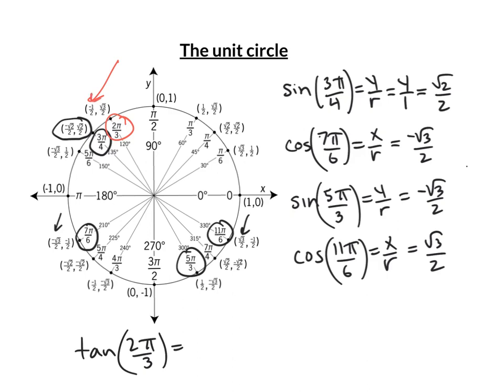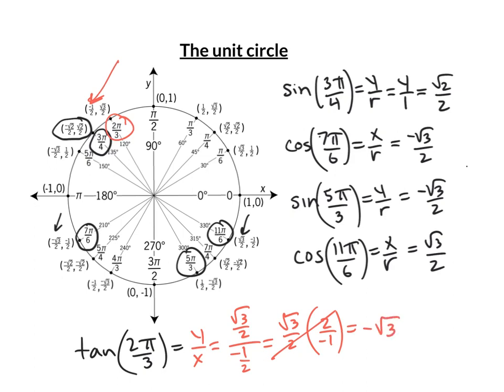And it's y over x. So we take the y, which is root 3 over 2, and we divide it by the x, which is negative 1/2. Now I'm going to shortcut this a little bit. It's root 3 over 2 times, I'm going to multiply by the reciprocal and flip that, negative 2 over negative 1. The 2's cancel, and this ends up being negative root 3.